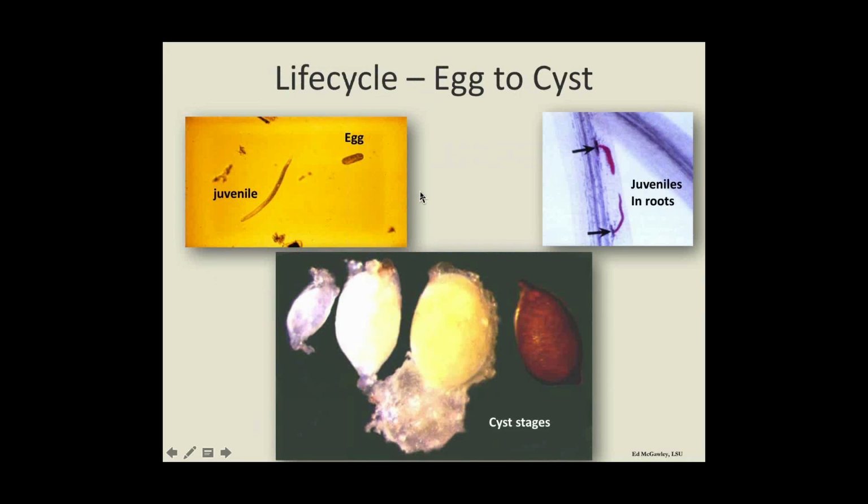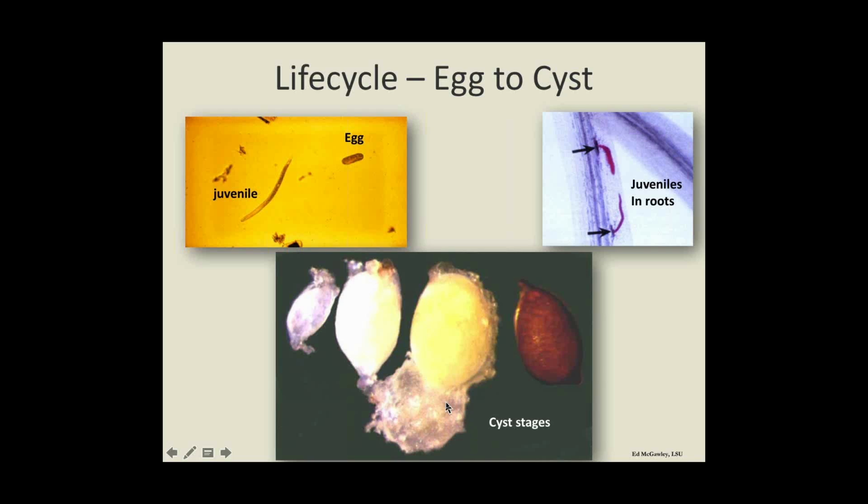And the reason why it is such a prevalent disease and why we'll always deal with it is primarily because of how this organism overwinters. This is the female after she has, well, actually not a female anymore. This is now the cyst. This used to be the female. And you can see the little eggs that are tightly packed inside of her body. So as this nematode goes through the female stages, she starts producing eggs. Some of the eggs she will produce outside of her body in this little gelatinous matrix.